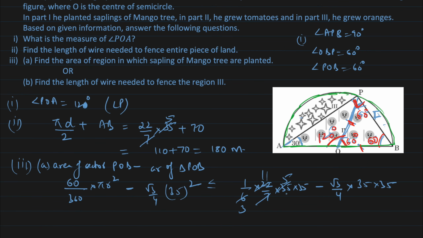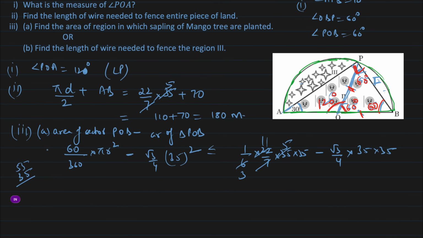Okay, so when you multiply 35 into 55, let's do 55 into 35, so 5 5s are 25, and 2 is 27, 0, 5 3s are 15, 1 15 plus 1 is 16, so 1925.